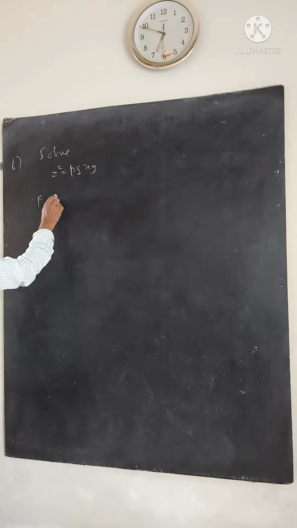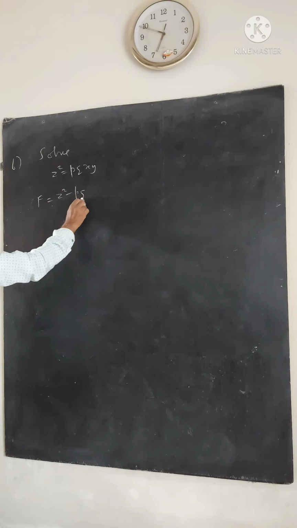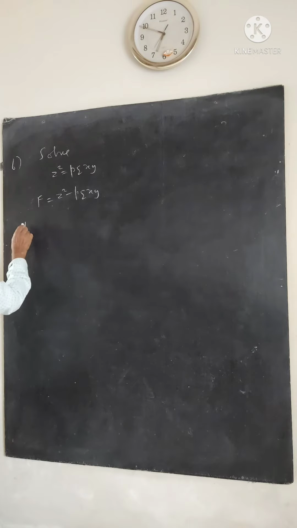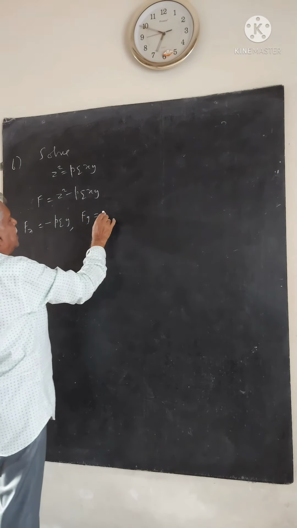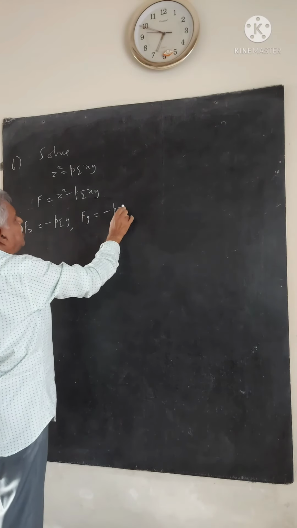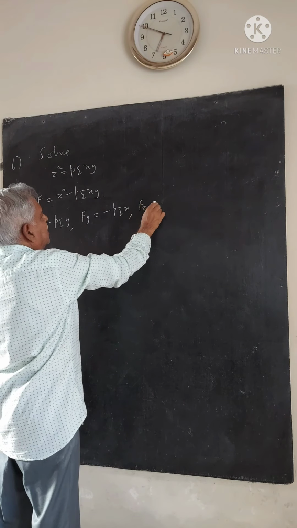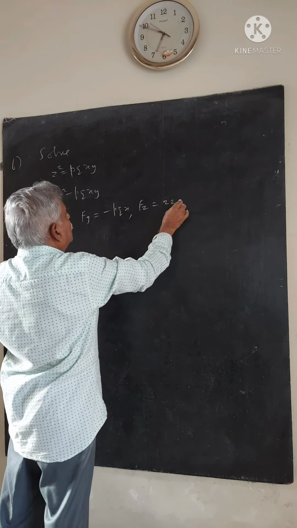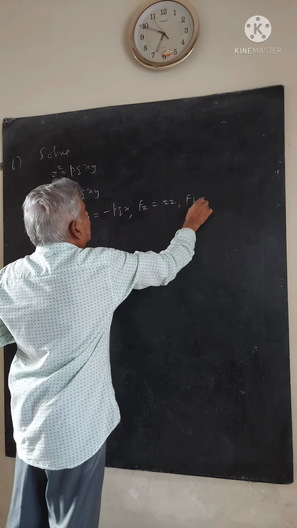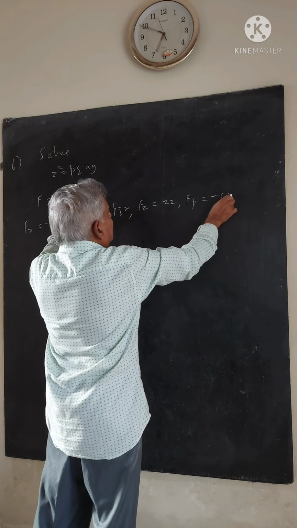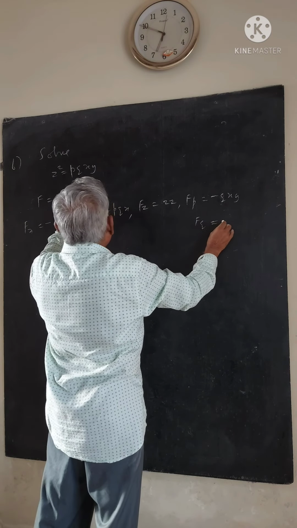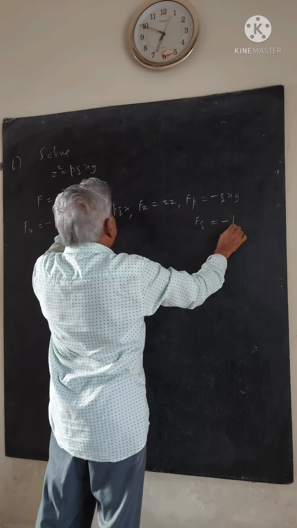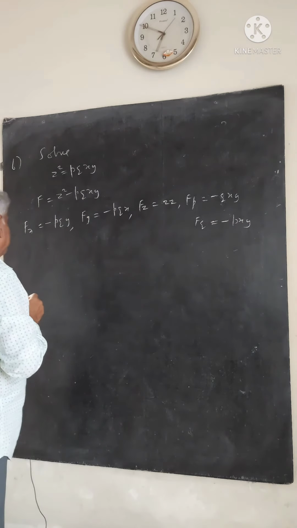Let us take F as z square minus pqxy. Fx is minus pqy, Fy is minus pqx, Fz is 2z, Fp is minus qxy, Fq is minus pxy.